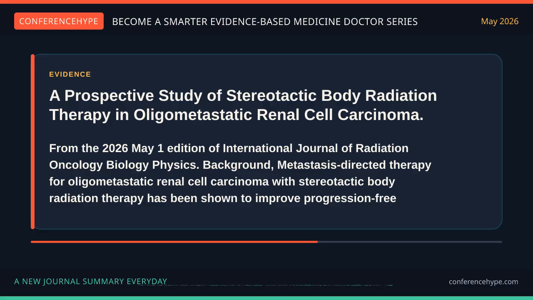Background: metastasis-directed therapy for oligometastatic renal cell carcinoma with stereotactic body radiation therapy has been shown to improve progression-free survival and delay time to systemic therapy. Methods: here, we present long-term follow-up of a prospective trial. Results: 15 patients, all with resected primary tumors, 40% prior systemic therapy, 47% International Metastatic RCC Database Consortium intermediate risk.